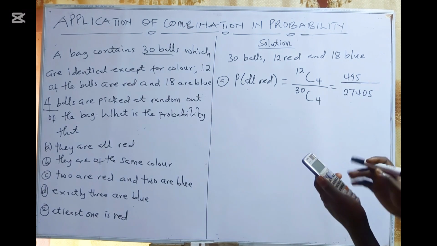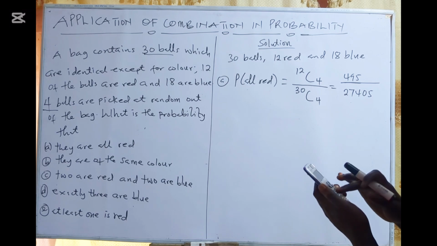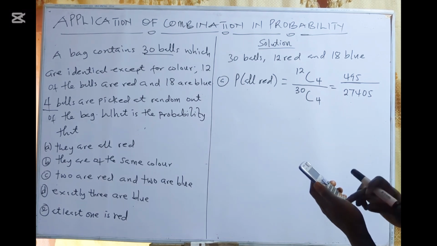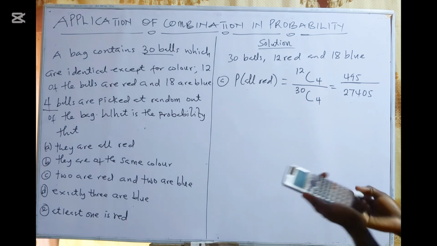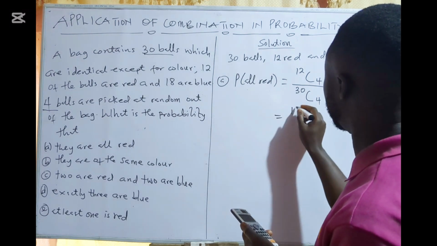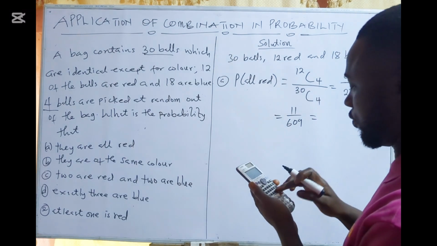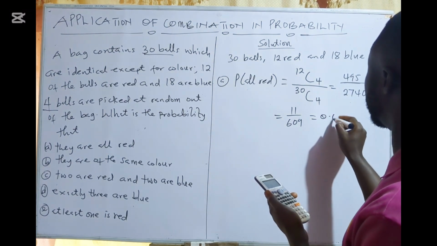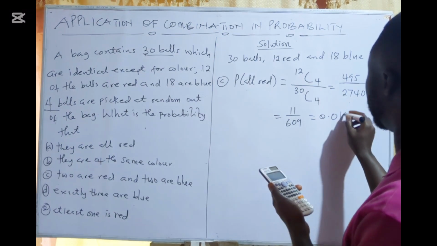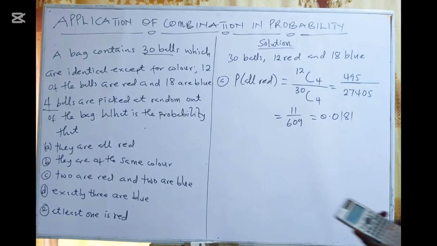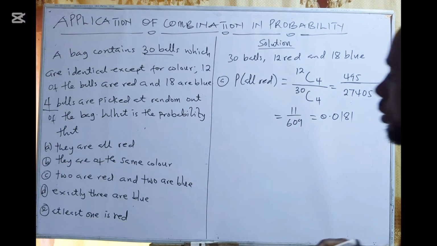So let's divide and see. 495 divided by 27405 will give us 11/609. Or if you prefer the decimal, 0.0181. Four decimal places will be okay. All right, so that is the A.